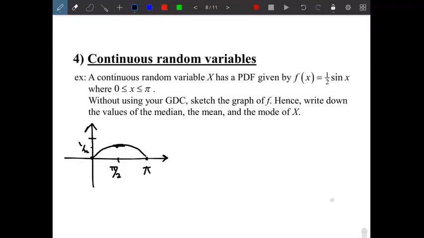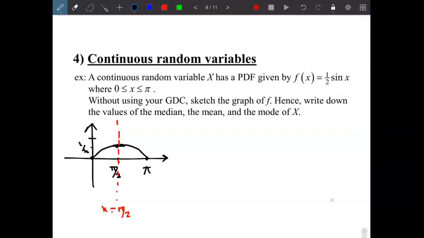Okay, so this is sine x between 0 and pi, and we know that at pi over 2 we have a maximum, and we can in fact notice that x equals pi over 2 is an axis of symmetry of f of x between 0 and pi. So being an axis of symmetry, the function over that interval being symmetrical with respect to one value of x, in that case, the median, the mean, and the mode are all equal to the value of x at the axis of symmetry.